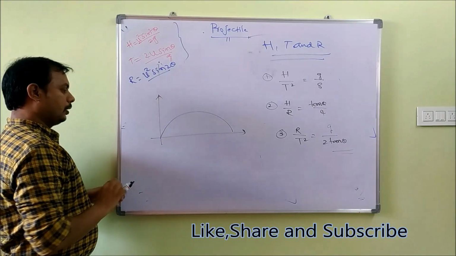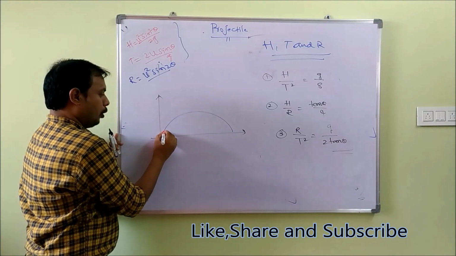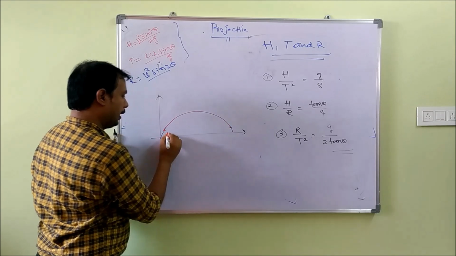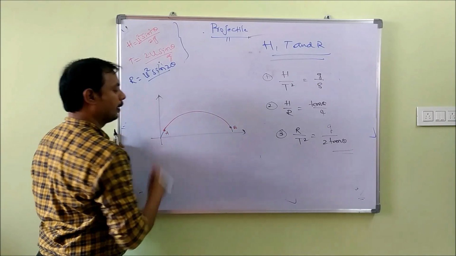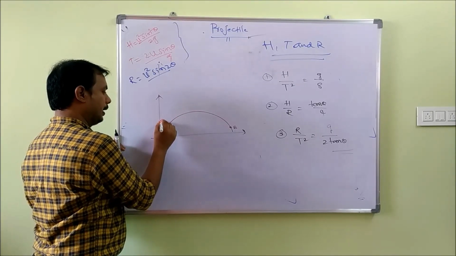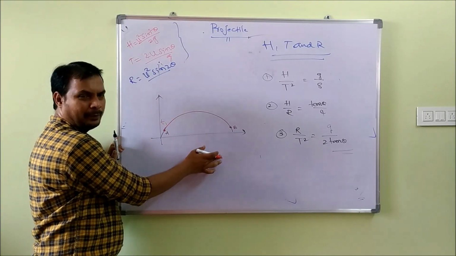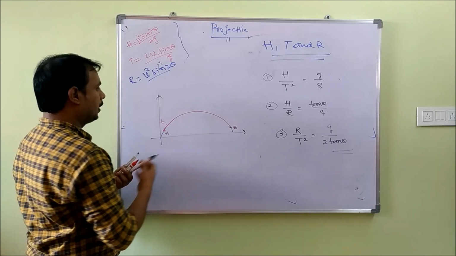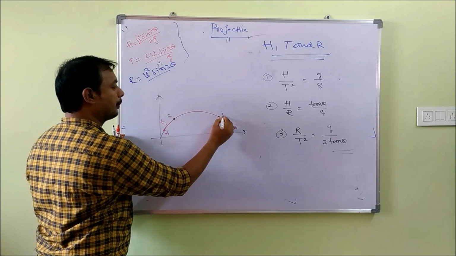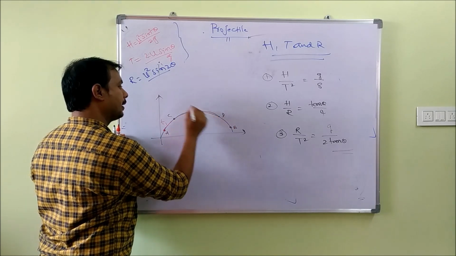The body travels from A to B, and it will take some time T1 from A to B. And on its path, two more points C to D, it takes T2.